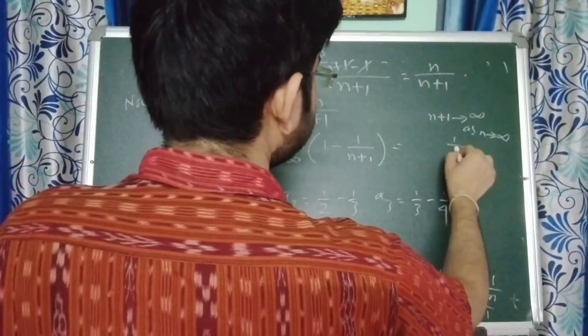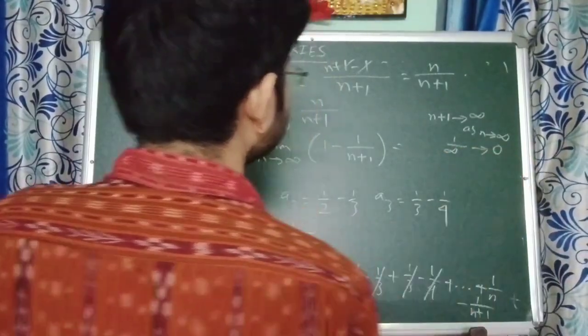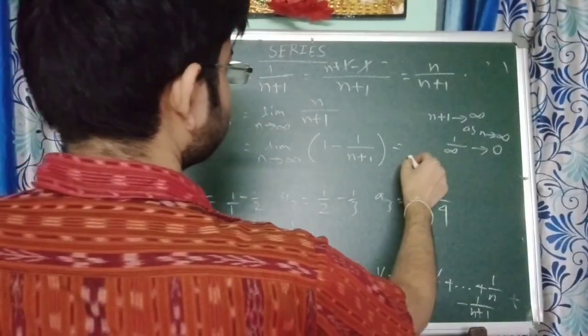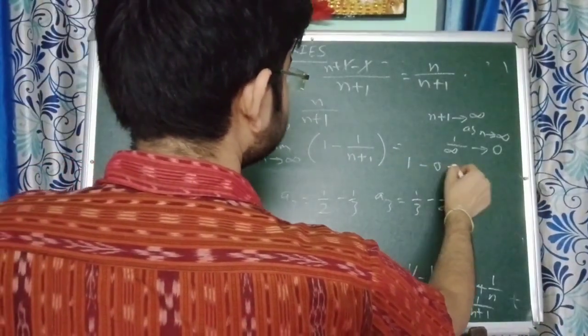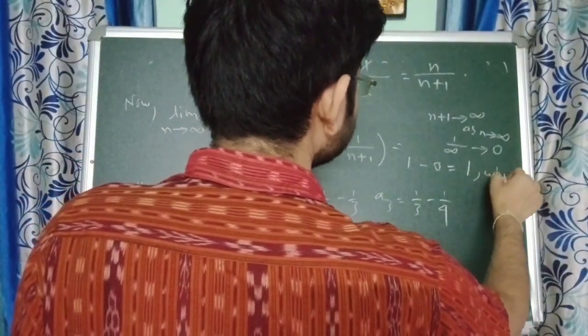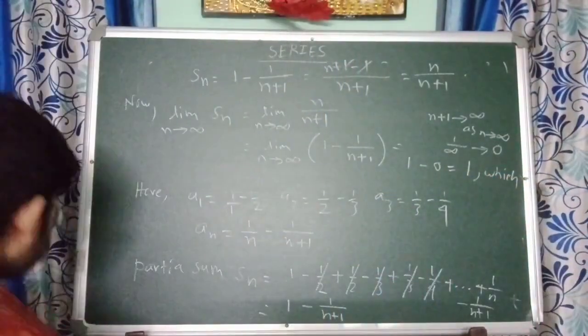So 1 by infinity goes to 0. So this becomes 1 minus 0, which is 1, and 1 is a finite quantity.